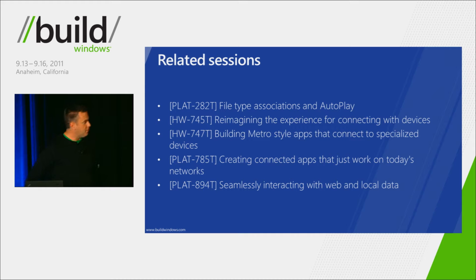If you're interested in custom devices, 747 is that talk. 785 discusses how to create connected apps, and that'll cover enterprise networks, wireless networks, and a new topic, metered networks, when people are paying for capacity. And for more information on the file system, session 894 happened a couple of hours ago, but it will be available on the web as well.